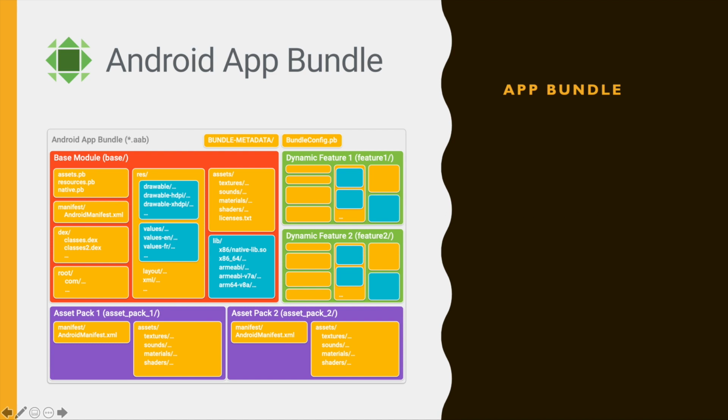It will also download just the translation needed for the user, etc. So it only downloads the things needed. And also, if you use a library, it will download the library only for the CPU of the phone. If something will not be used on the phone, it will not be downloaded. So yeah, that's cool.